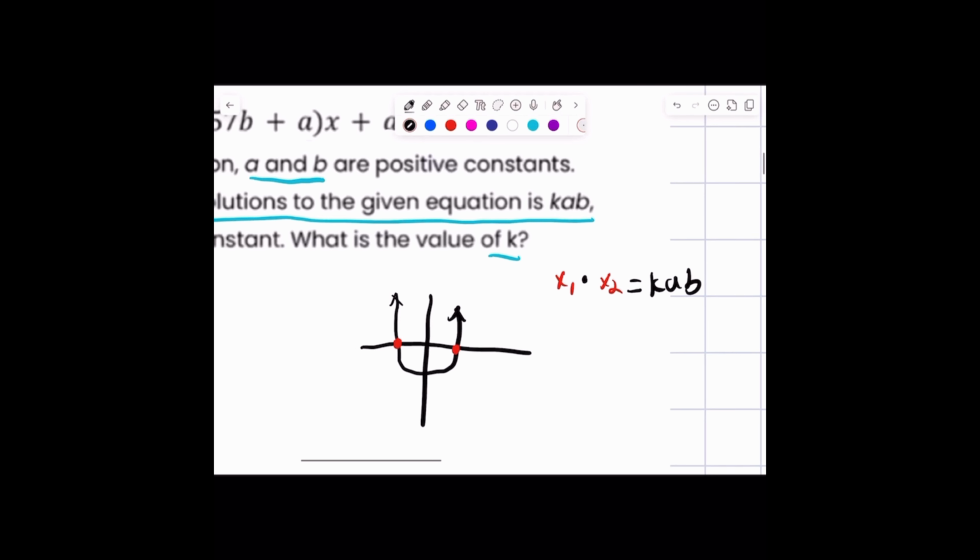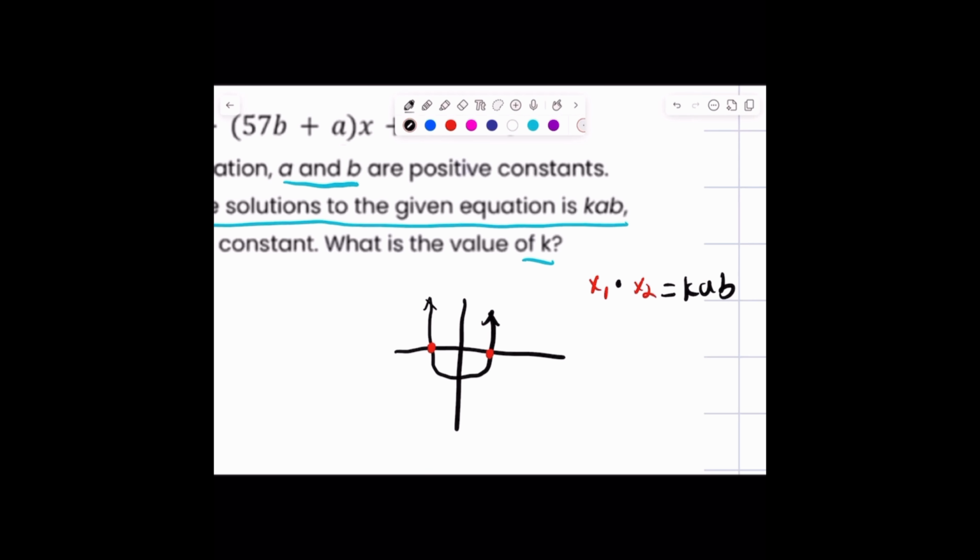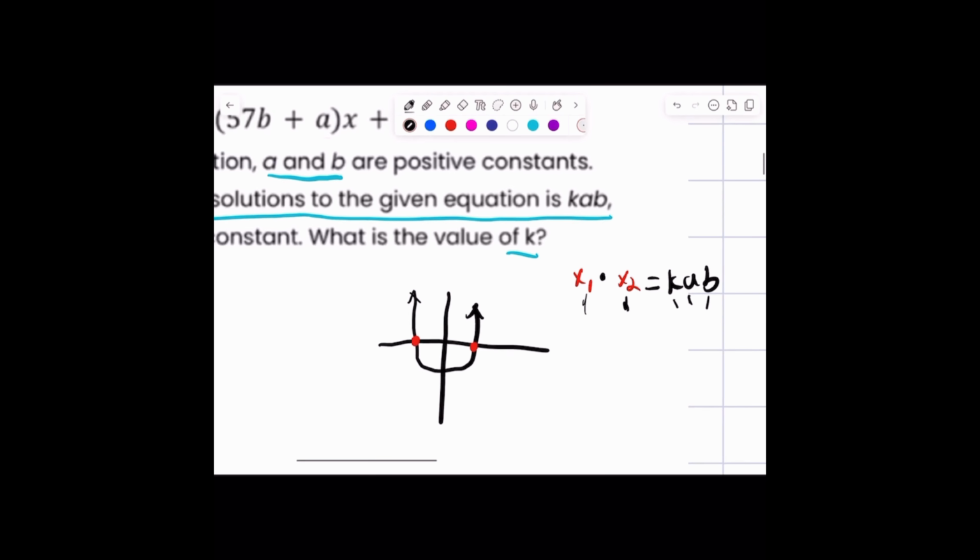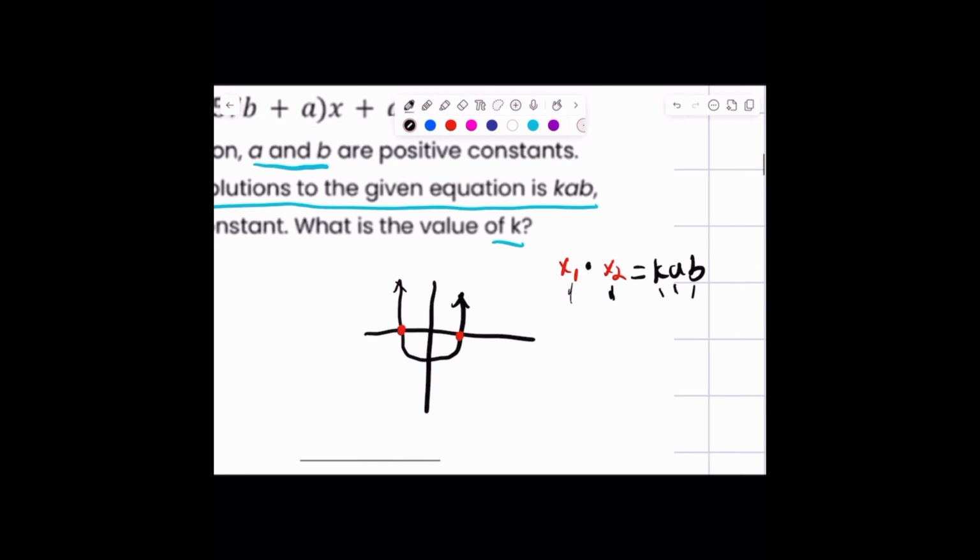Now, here's the thing. We have an equation to solve for k, but we don't know k, a, b, or our roots. That's a problem. So you could think of this as for each thing you have to solve for, you need that amount of equations. So for example, if I were solving for x and y, I would need two equations.